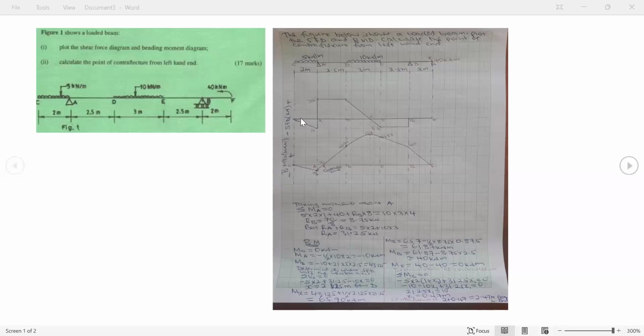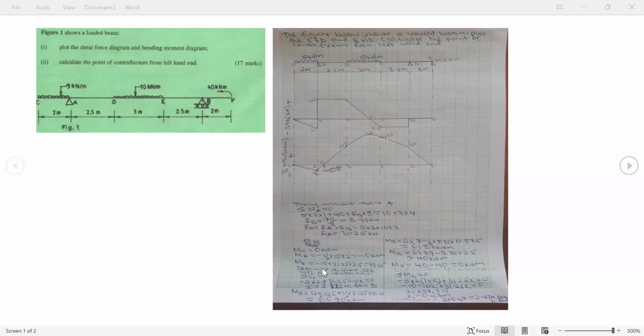So this area is lying on the lower side, meaning it is negative. That's why I start with negative. Now it's a triangle, negative a half times 10 times 2. 10 is the value of shear force, and 2 is the distance between C and A. You get minus 10 kilonewton meter.